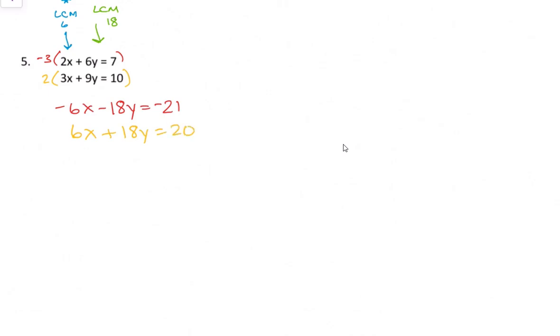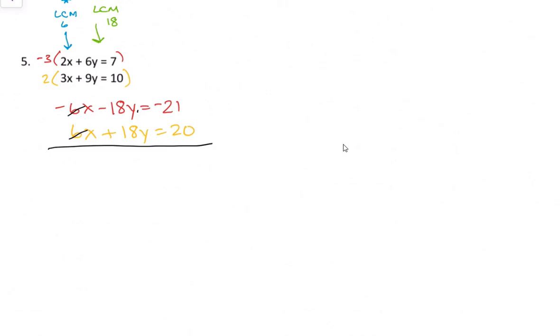So go ahead and add them together. And when I go and add the x's together, they do eliminate like I wanted them to. But look at what happens with the y's. When I go to add the y's together, they're also going to get eliminated. So when both variables get eliminated, that's telling you that this is either a no solution or an infinite solution.